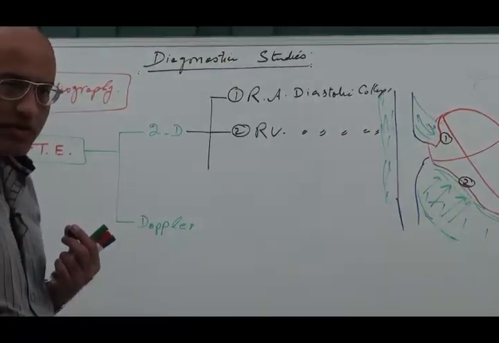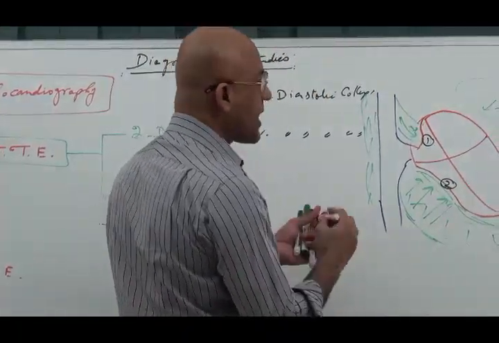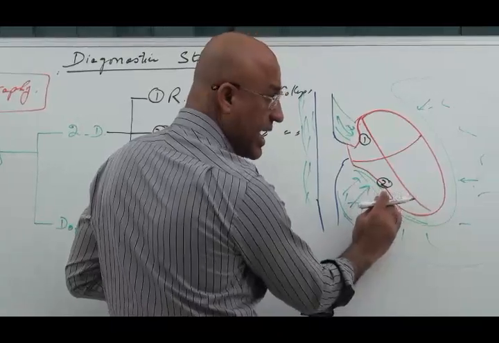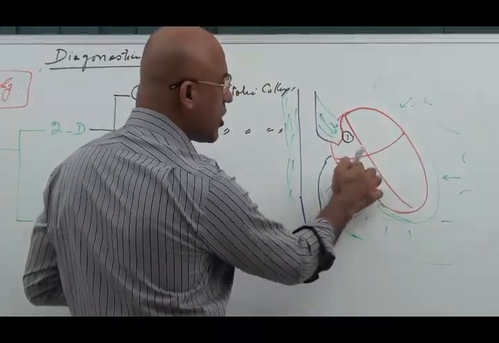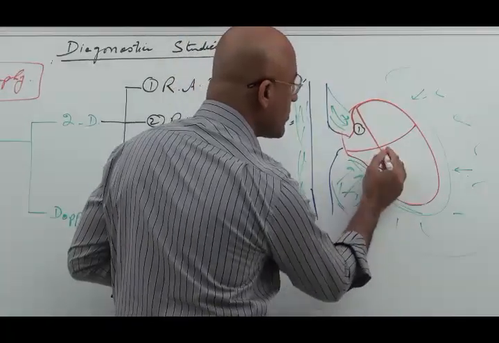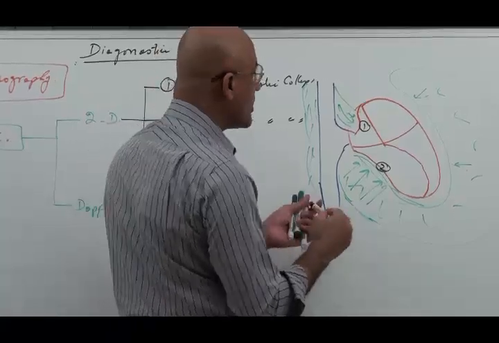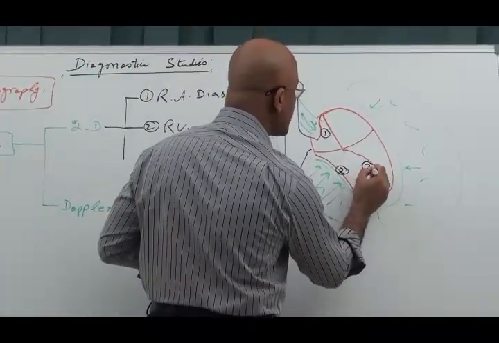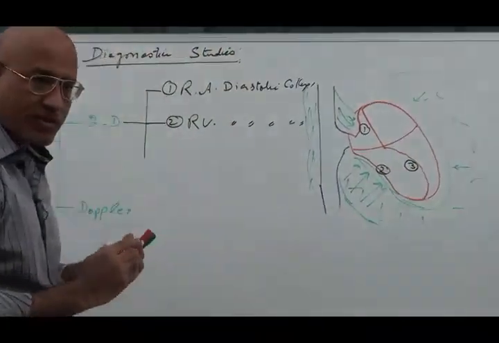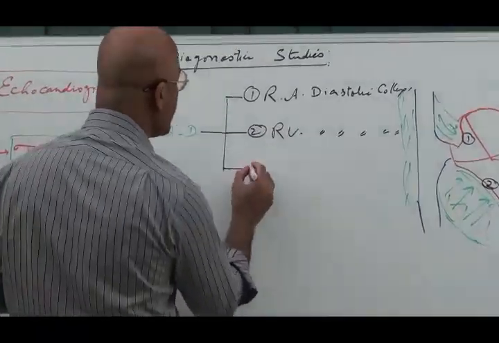Is it difficult to understand? Number 3, when it is too much compressed, right, and during diastole it cannot move outward, what will happen to the septum? Right? So third finding will be exaggerated, what is this? Or abnormal motion of interventricular septum.